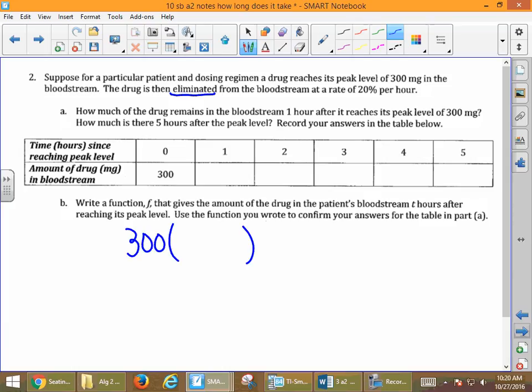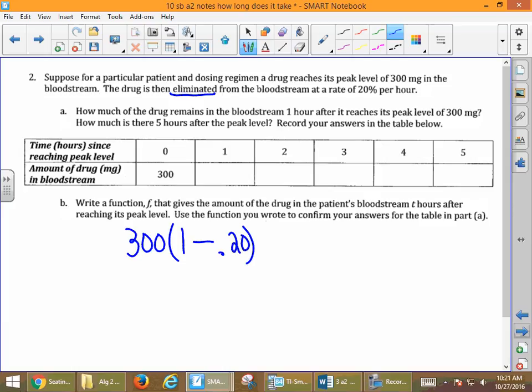If we eliminate, what are we doing? Is it growth or decay? It's decay. So this is going to be 1 minus, well, 20%. Remember, we're going to move the decimal point 2 spaces to the left. So it's going to be 0.20. Good.